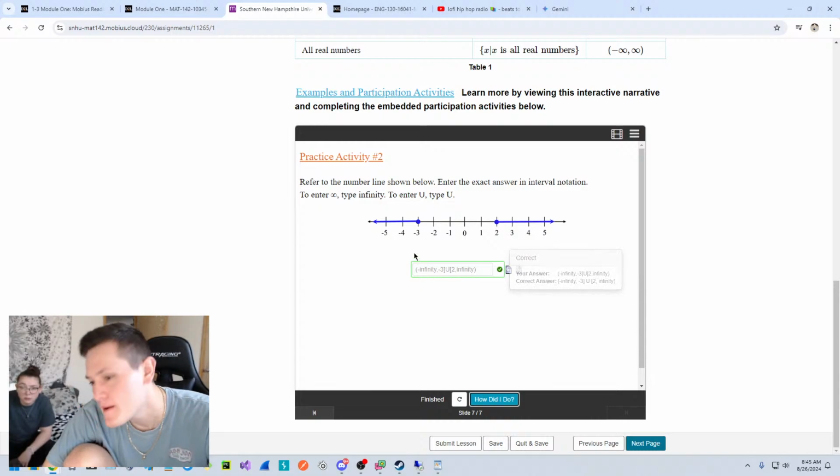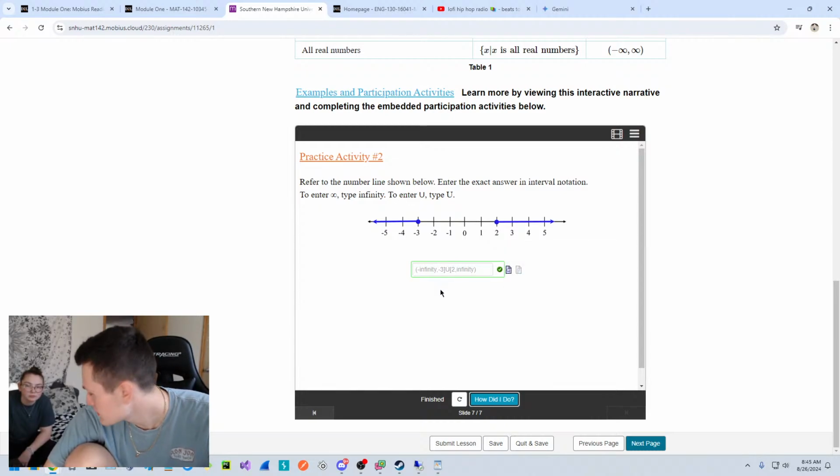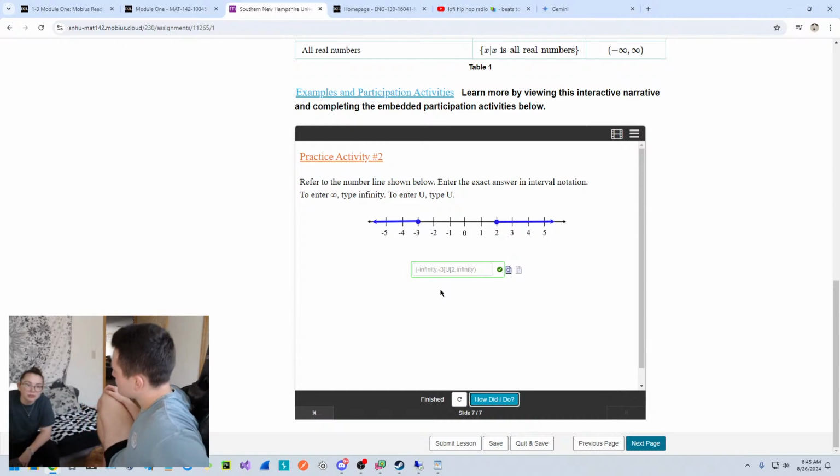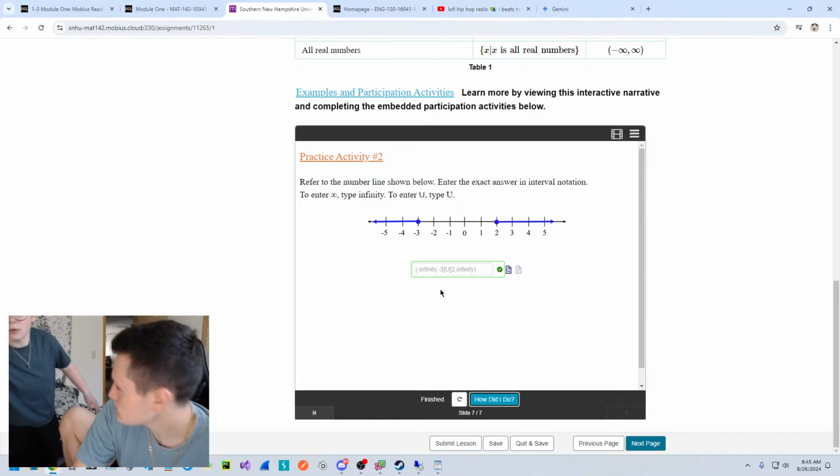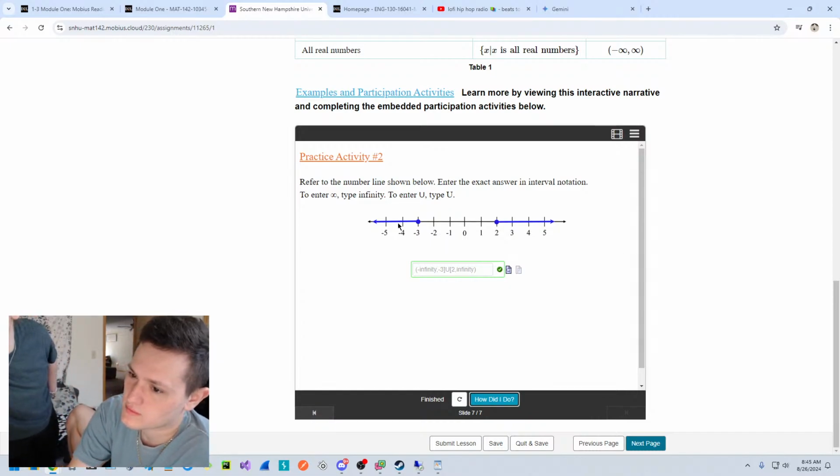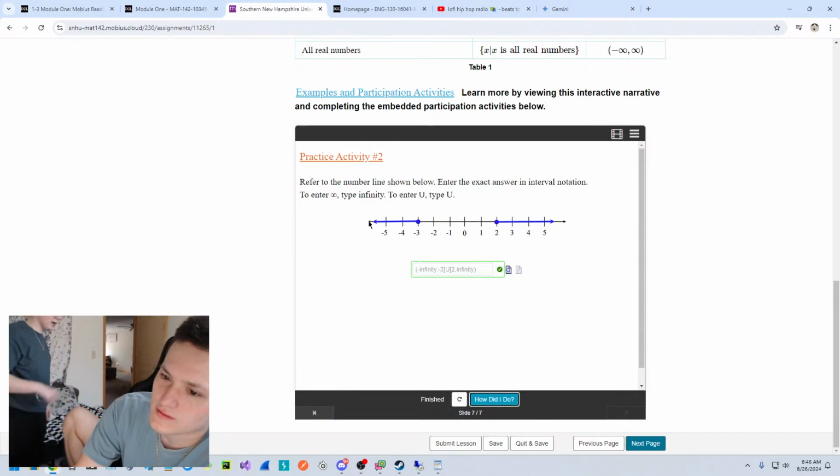I don't know. That's a question for the professor. Because square bracket means we're including negative 3 and we're including 2. But if it's parentheses, we're not including 3. Then I think the square bracket goes on the outside if it's a non-going. Like if the point was right here and then the arrow was going in, you'd put the square bracket on the outside.